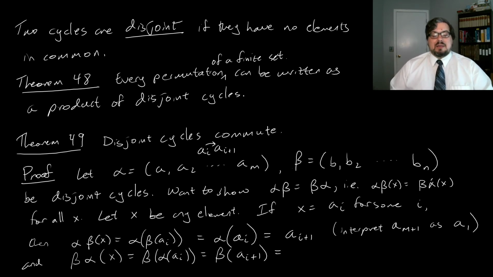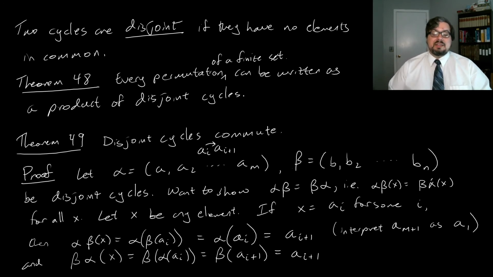Now beta of a_(i+1), once again, a_(i+1) is one of the elements in the cycle description for alpha, and in particular that means that it isn't one of the b's. So since a_(i+1) isn't one of the b's, beta of a_(i+1) is just a_(i+1). Beta doesn't actually change it at all.